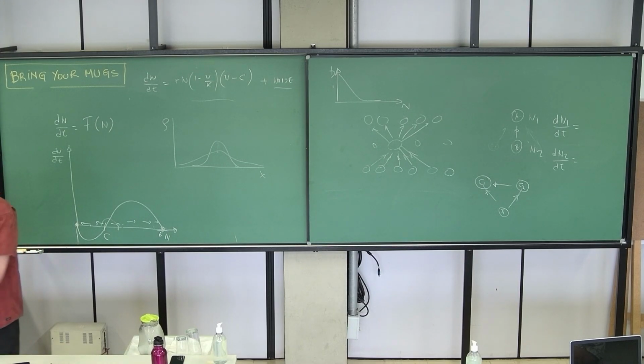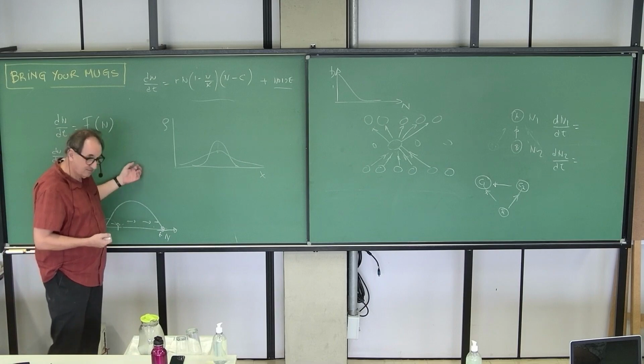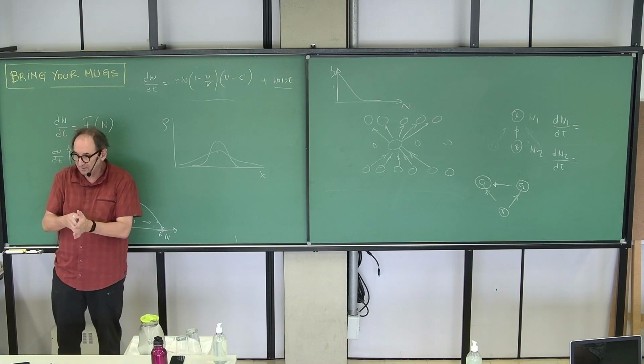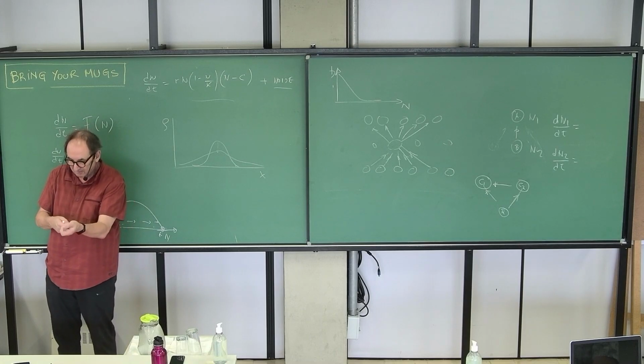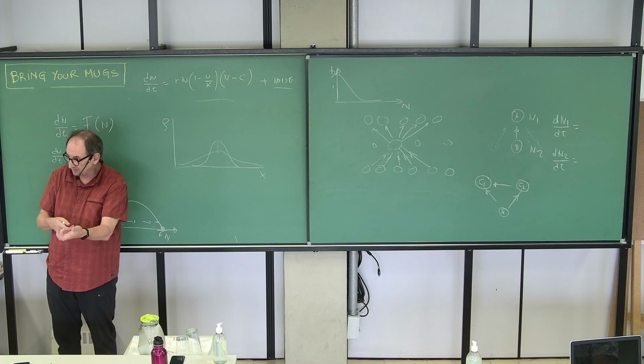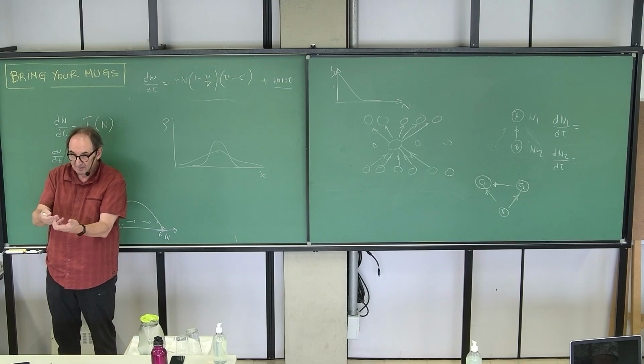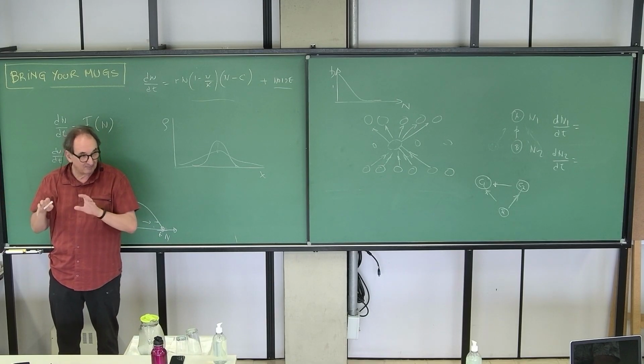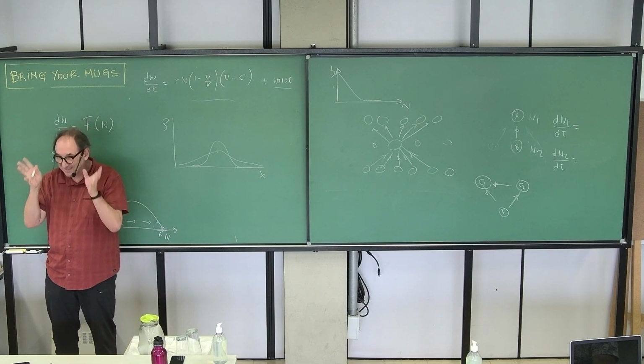Okay? Because we wrote down the equations and we solved the equations. Solving the equations means that if I give you the initial condition now, how the system is now, we can predict the future. So this is what you would call strictly deterministic.